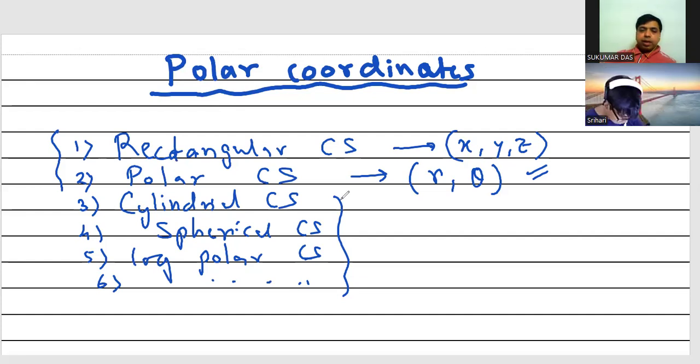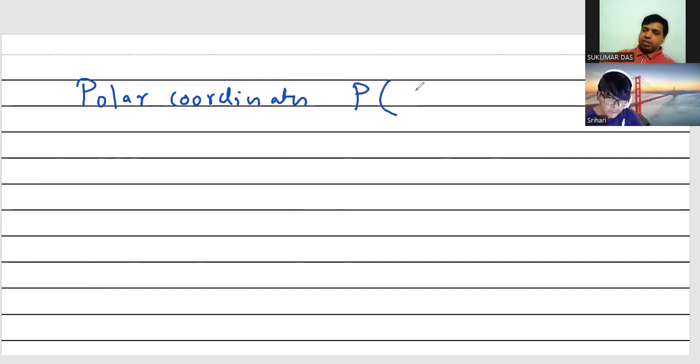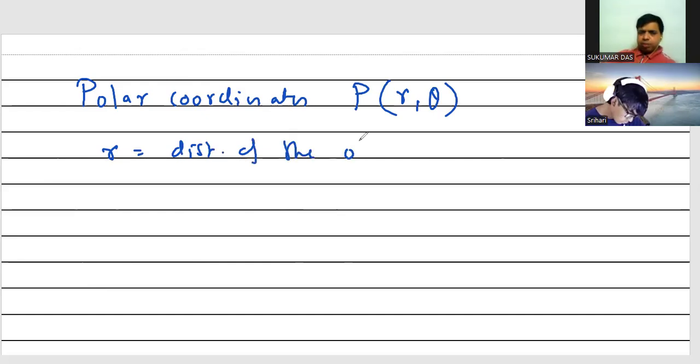Okay. So what is r and what is theta? Polar coordinates means for any position, any object, we specify two parameters, r and theta, where r is the distance of the object, the object whose location we want, from the pole.